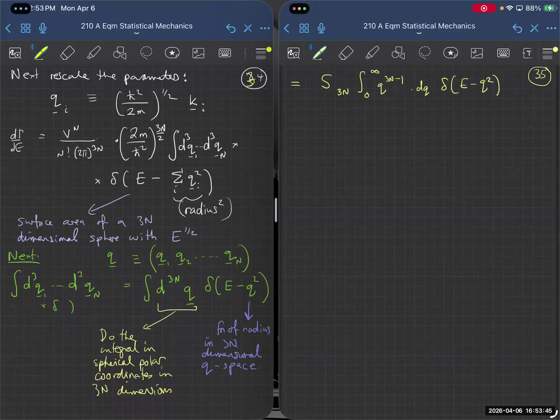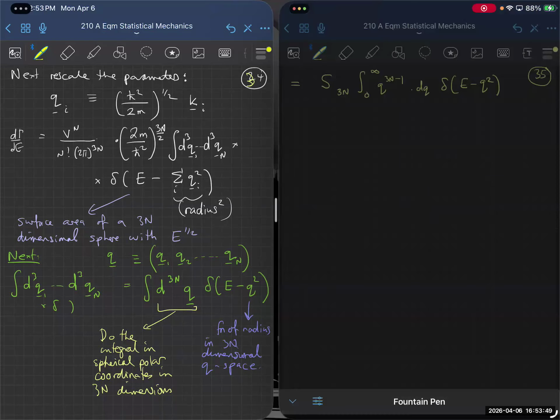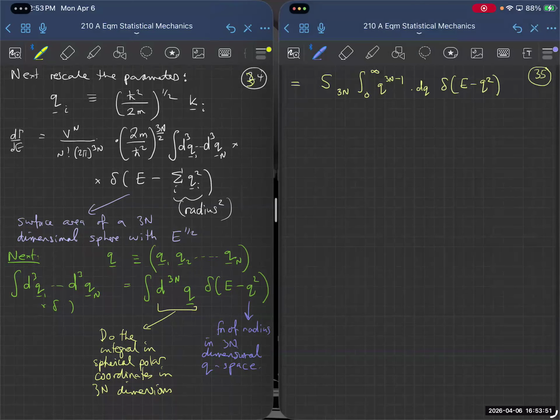Okay, so now we've got a one-dimensional integral, which is really nice. This S3n is a symbol for a number, which is the surface area of a 3n dimensional unit sphere.